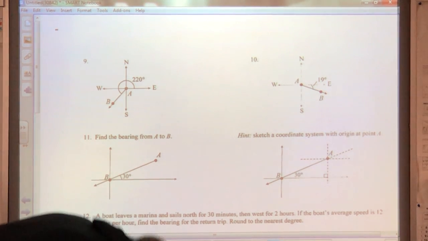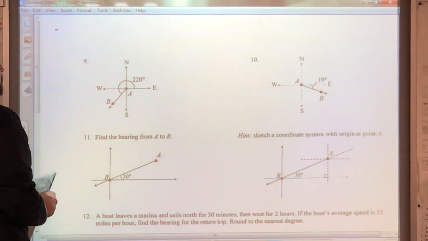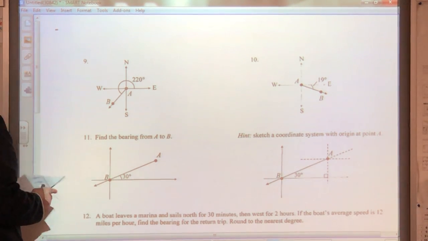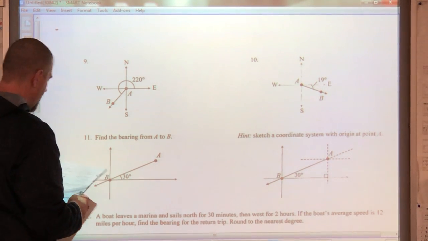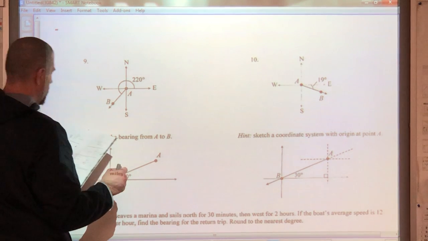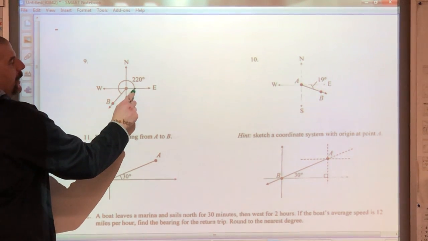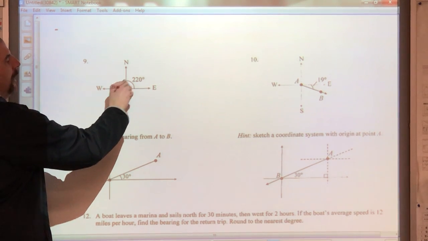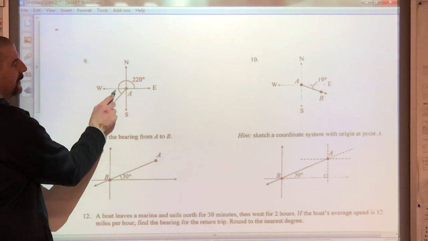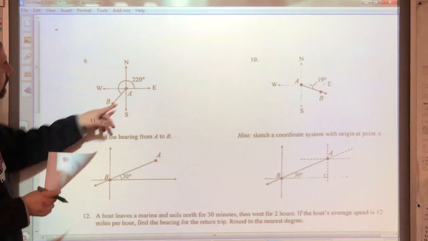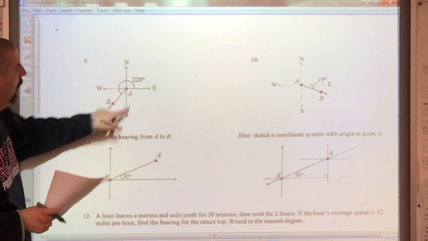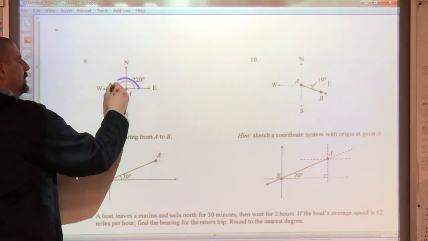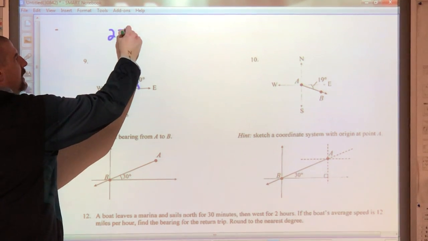All right, welcome back. So 9 and 10, here's what we got. What bearing did you get? Okay, so for 9, got to be careful. There are multiple ways to do this problem. You can go 180 to there, and then you can figure out this angle, but you need to know this distance to there is 270 degrees.